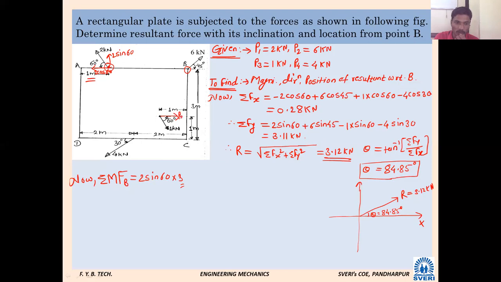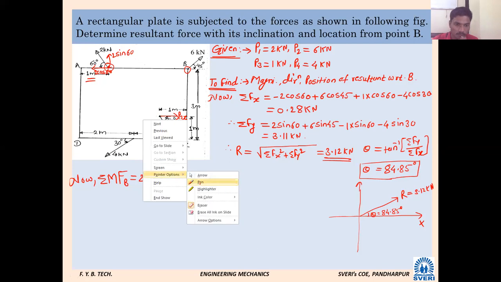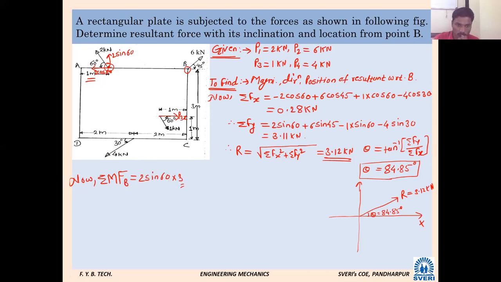I will write the X component P3X and P3Y downward. Okay, so it may be something like this.